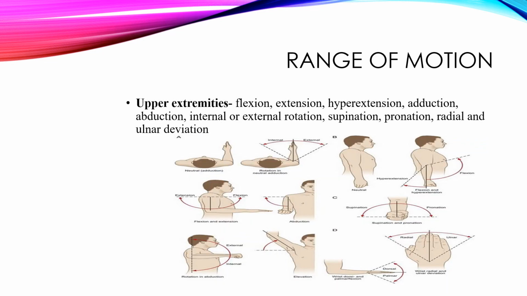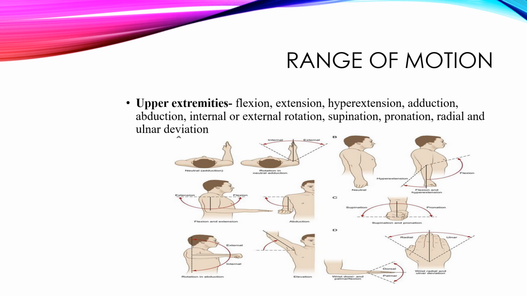So for the upper extremities, there are all different types of range of motion that we assess. So we're assessing the shoulder, the elbow, the wrist, the fingers, lots of directions. So be thinking about what the names of these tests are.